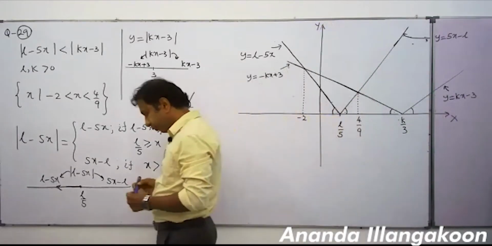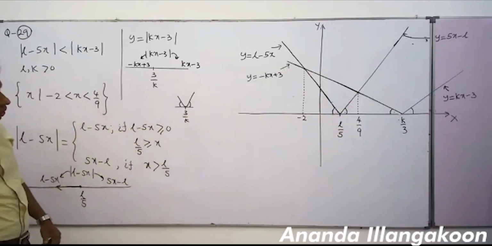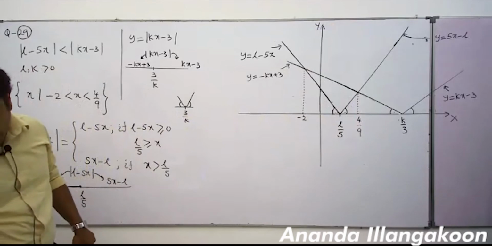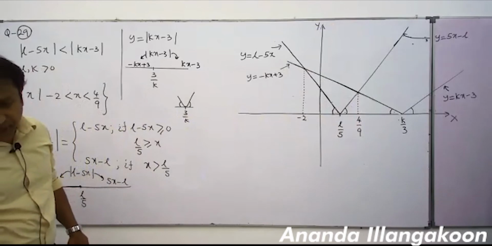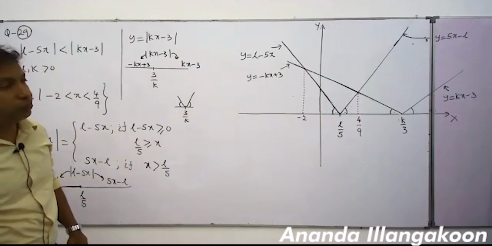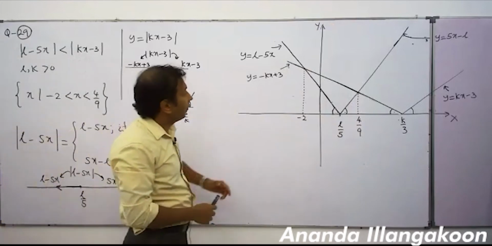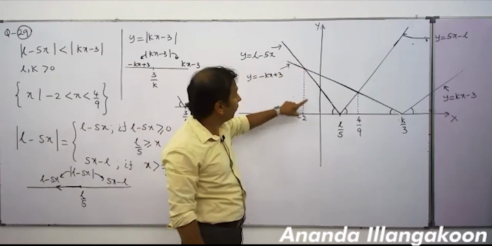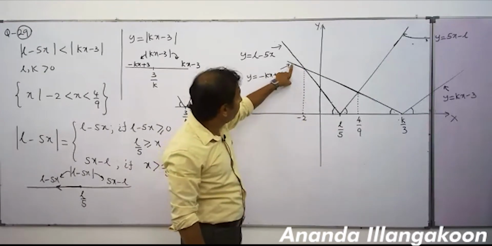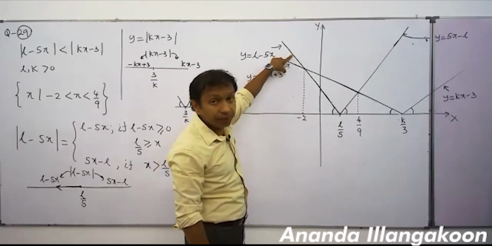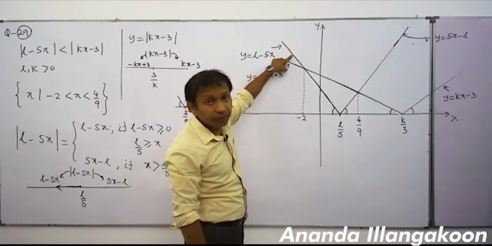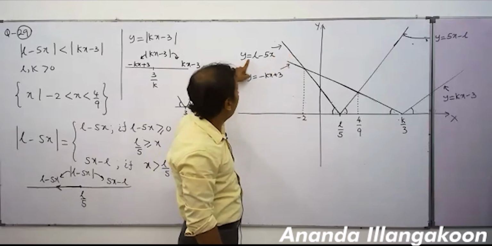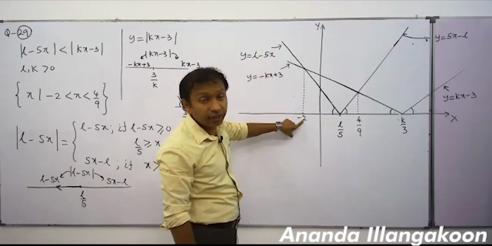The y-axis. Then the question asks to find the values of L and K. Now you can very clearly understand at this point this graph and this graph intersect. That means at x equals minus 2, the height of this line and this line are equal. That means this y value and this y value are equal at x equals minus 2.